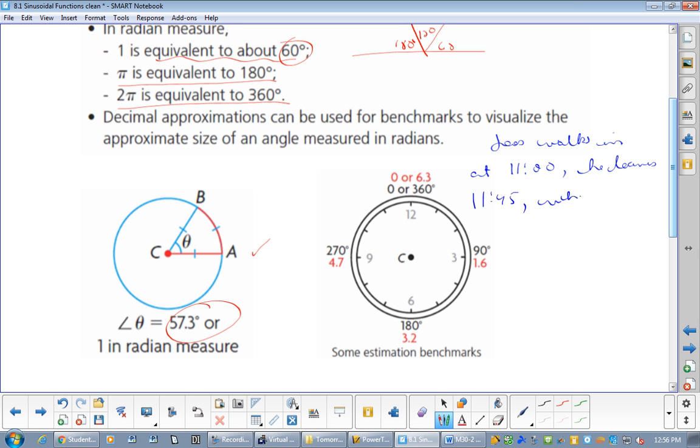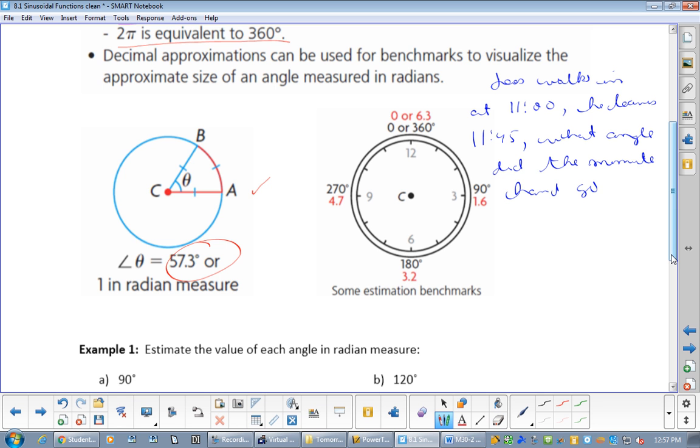What angle did the minute hand go? Let's just draw it. So we've got 11 o'clock would look like this, correct?